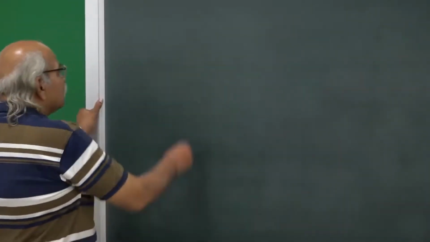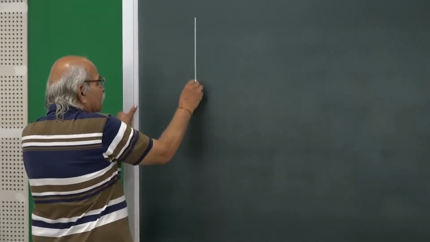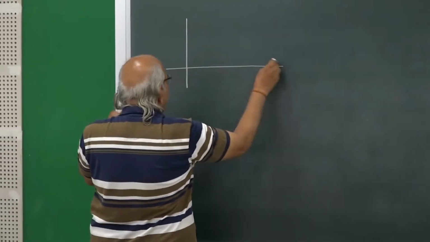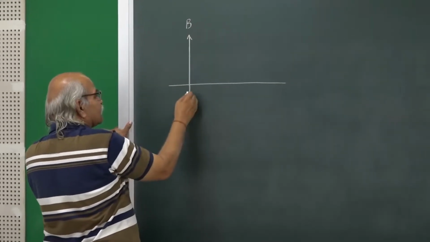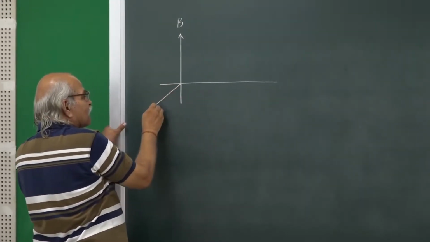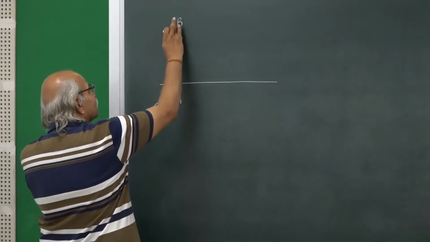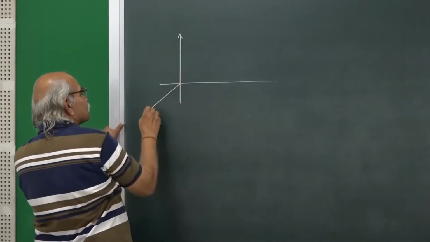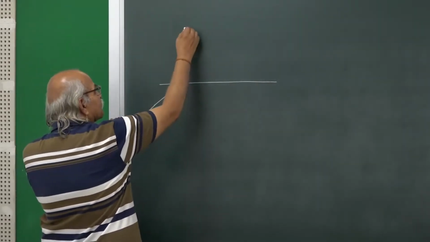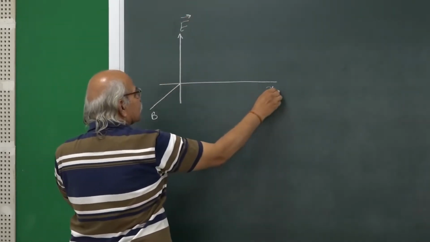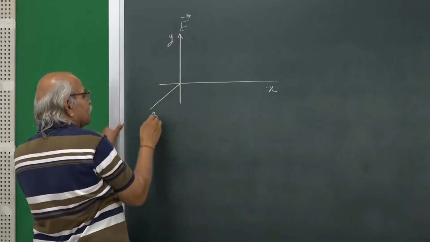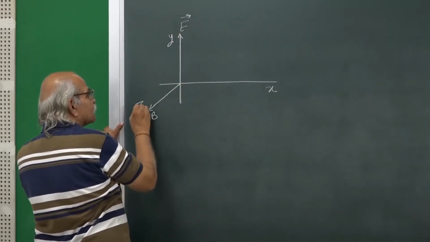So, suppose we have, let us say, magnetic field here and electric field here. This is our x axis, this is y axis, and this is z axis.